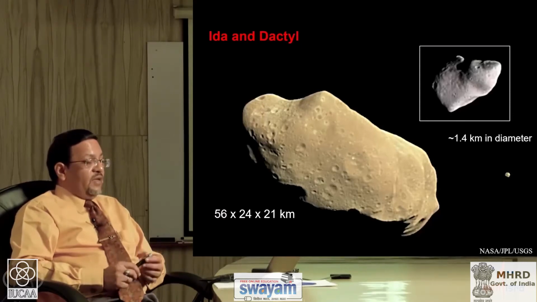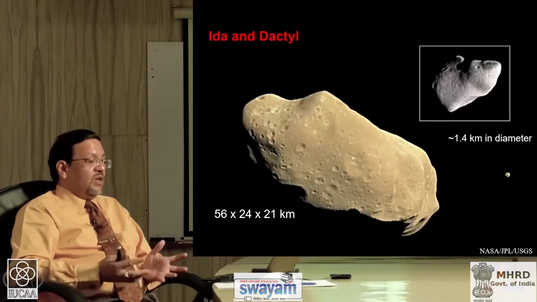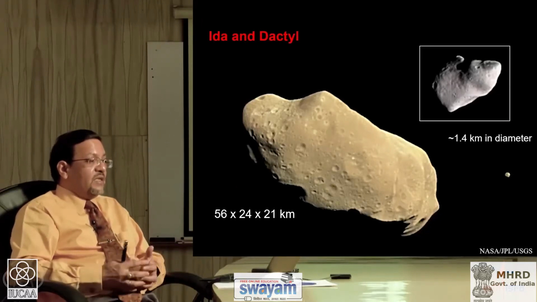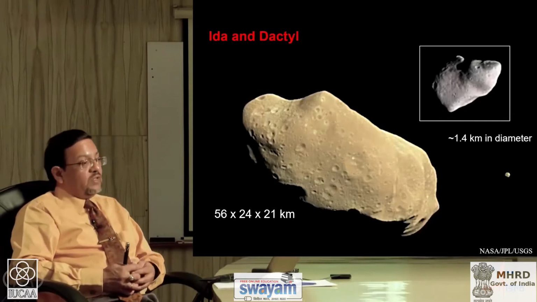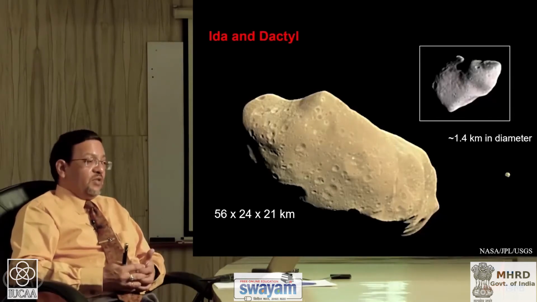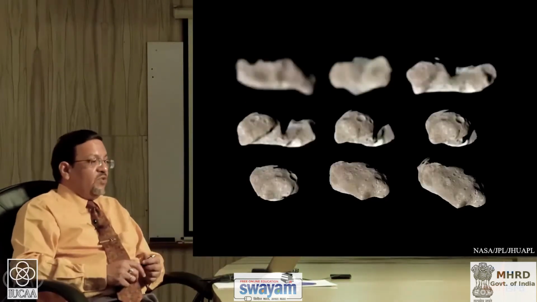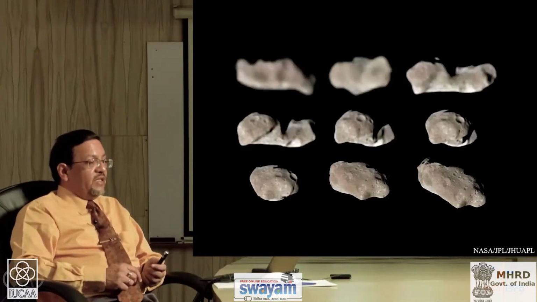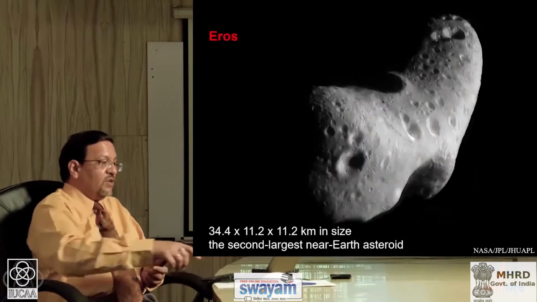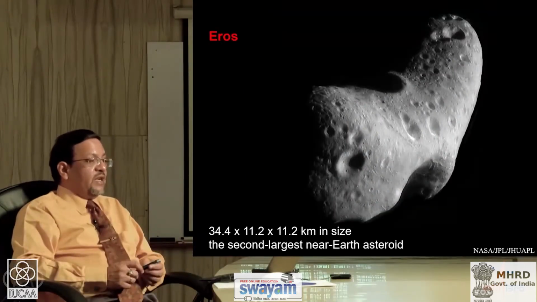Ida itself is a body of about 30 or 40 kilometer in size, but it has its own satellite which is about 1 kilometer in diameter. They can have many varying shapes, you can see over here, and this is actually a photograph of Eros, which is also the second largest near Earth asteroid.